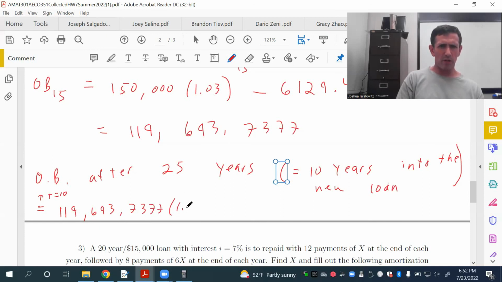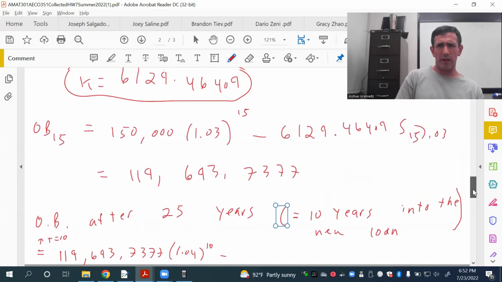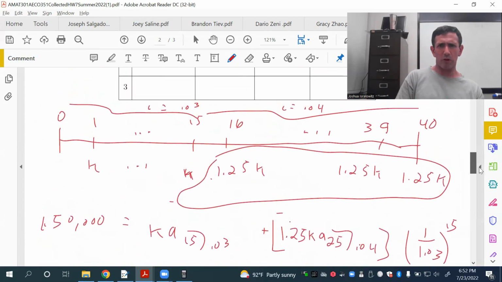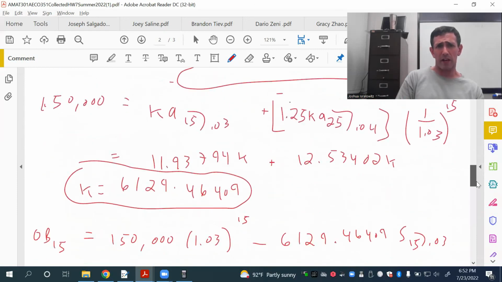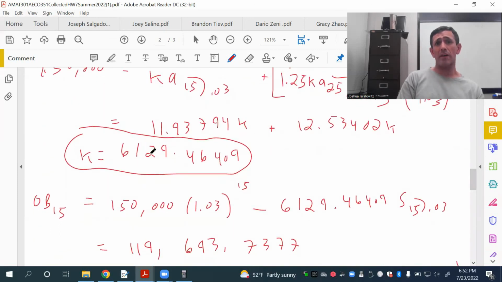And for this new loan, interest is 4%. Again, 10 years into this new loan, 10 years after 15 is 25. Minus the payments for the last 25 years, which is 1.25 times K. So it's 1.25 times 6129.46.